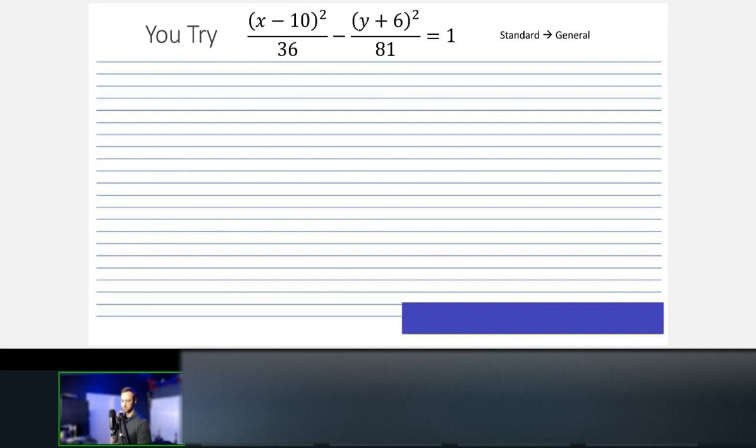All right, what did everyone get for your LCD? Looks like a lot of you or everyone is saying 324.